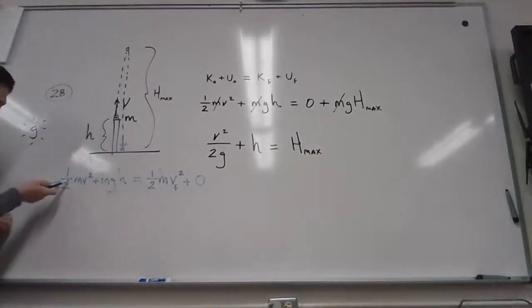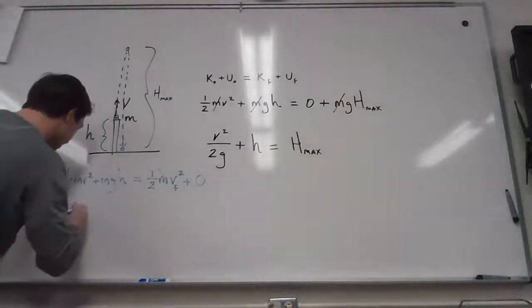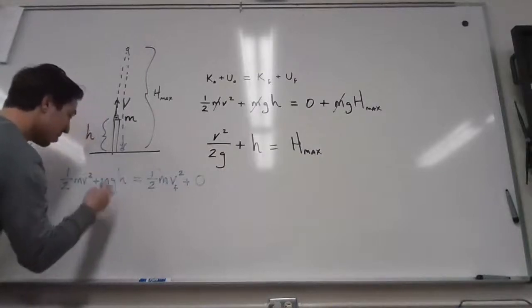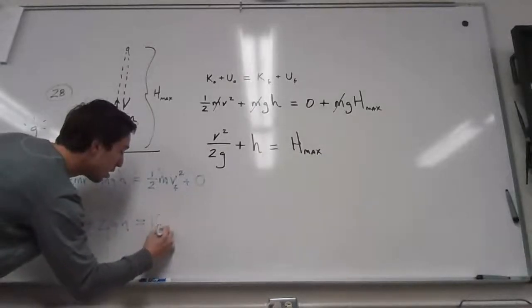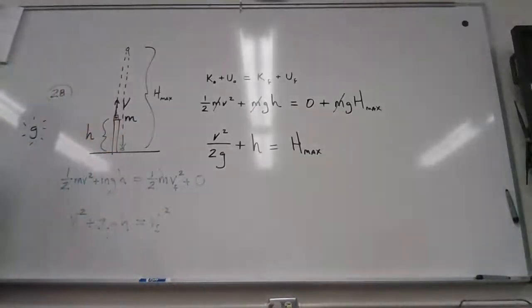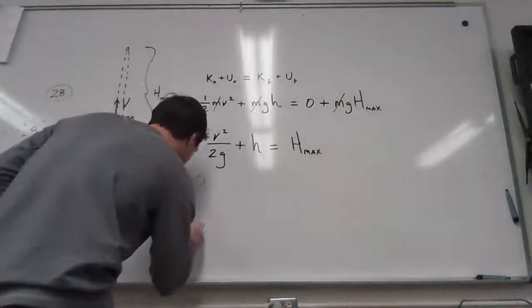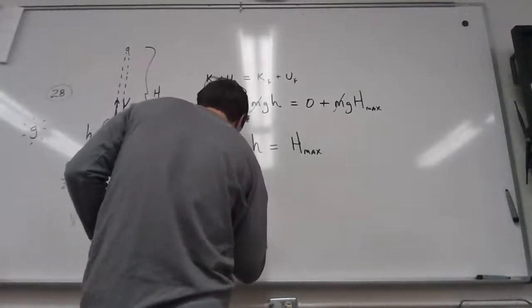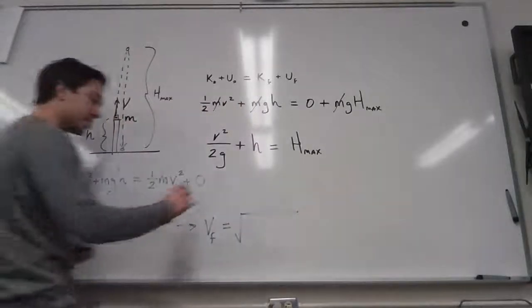So multiply this by 2, and you just get v squared plus 2gh. And then one last step. Okay, your final answer: you square root this.